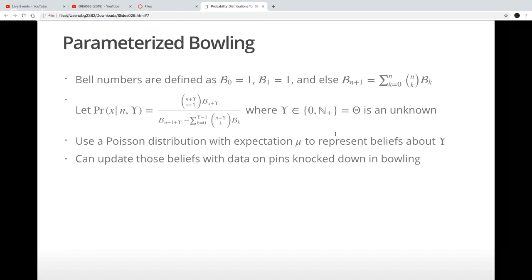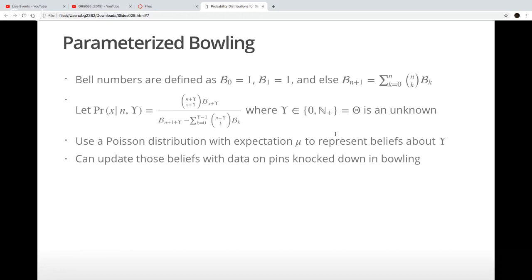So they're both sets, but the sample space refers to the set that the observable pin knockdowns can come from, and the parameter space is where upsilon can come from. We use different letters for them to distinguish a sample space of observables versus a parameter space of parameters that we would like to estimate.